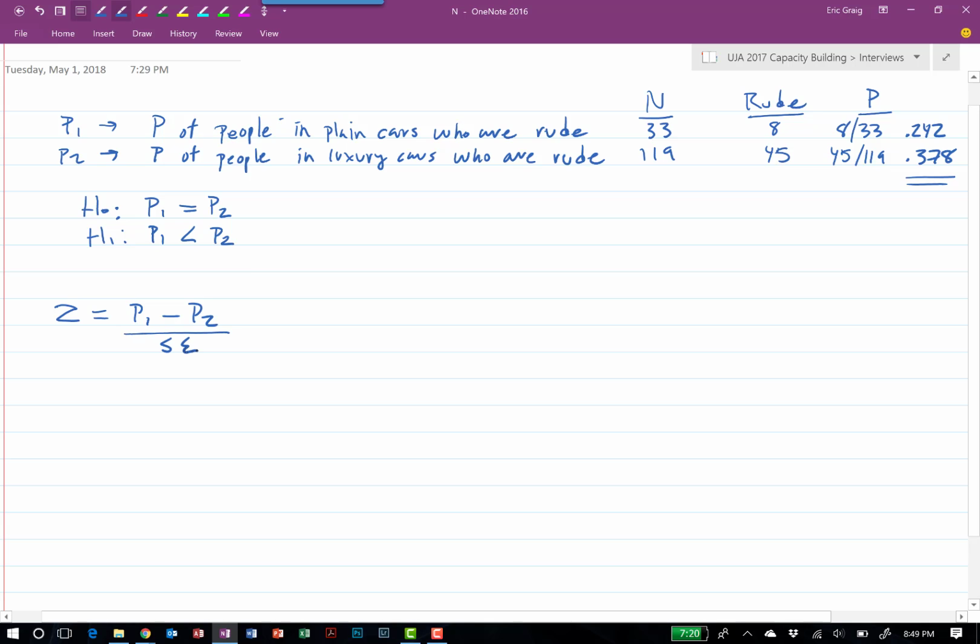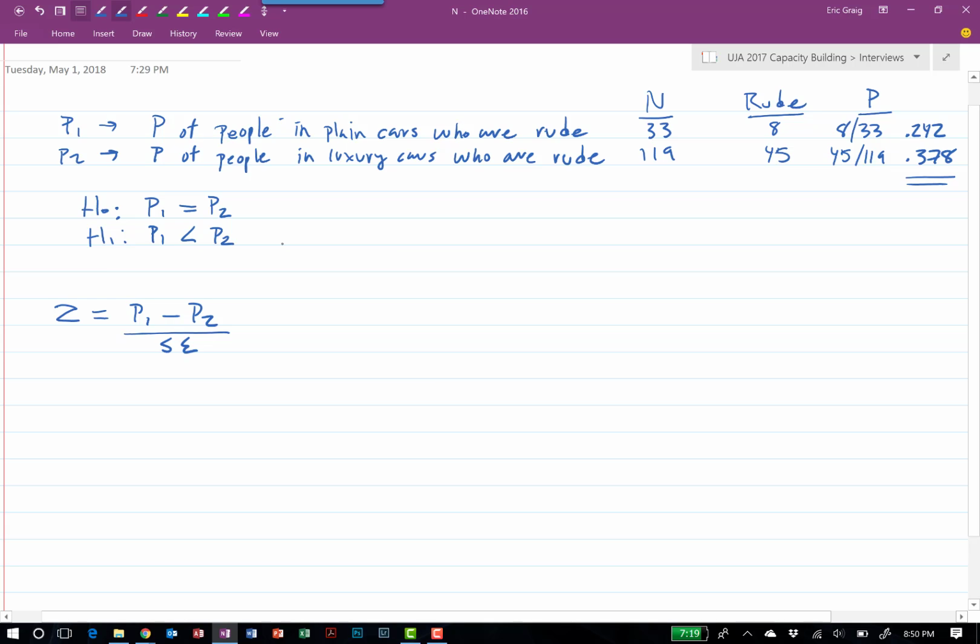Now, in other problems that we've done, we were not comparing the values for two samples, but we were comparing the value for a sample statistic and a population parameter. We've got to scratch that out in this case because P2 is not a population parameter.